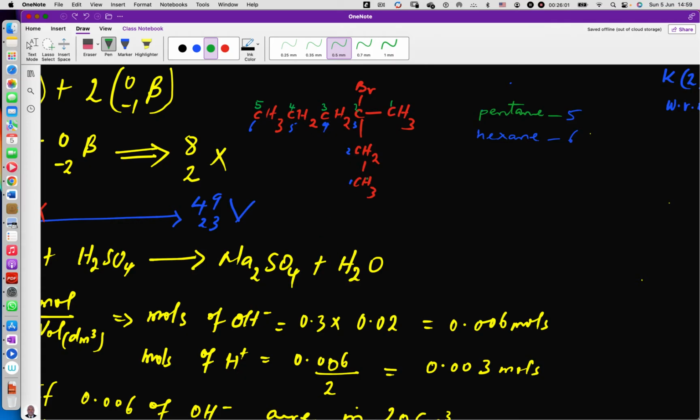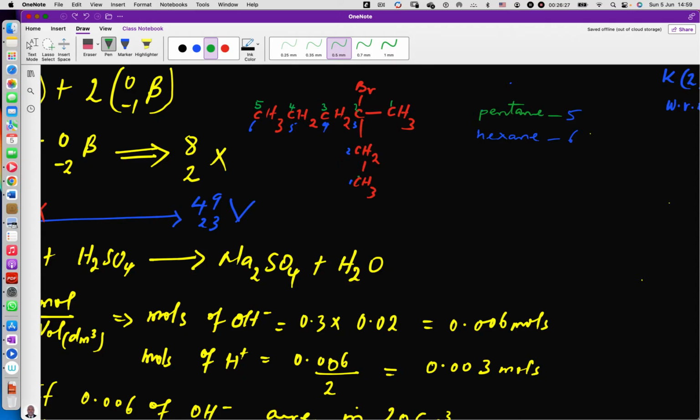The one with 6 is hex. In that case, it is hexane because it is an alkane. Let's number the one in green: 1, 2, 3, 4, 5. It is pent, so it is pentane, since it is an alkane.